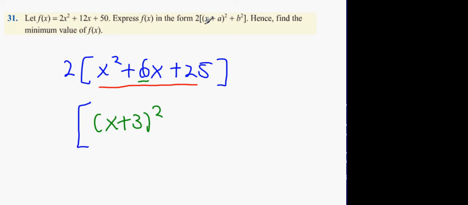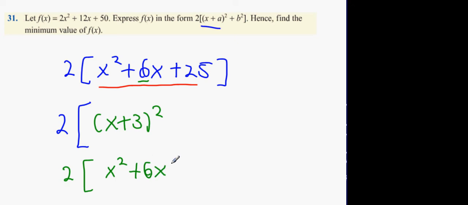So you get the 2 still on the outside, and x plus 3 squared. Multiplying it out, it's x squared plus 6x plus 9.